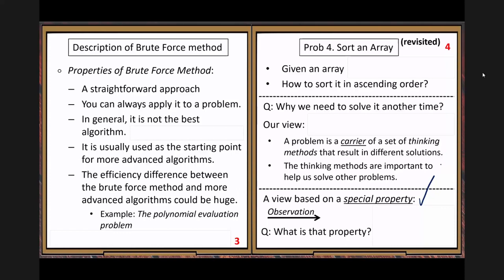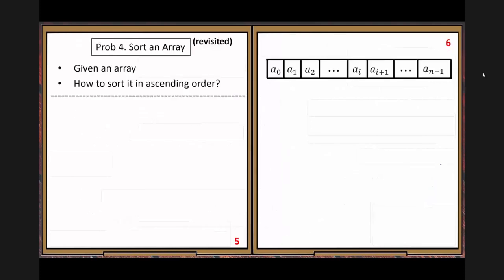It's not easy to discover a new property. If you can find one, then it's halfway to the solution, because if you find a good property, that's halfway there. So now, let's draw this diagram and try to discover that new property.